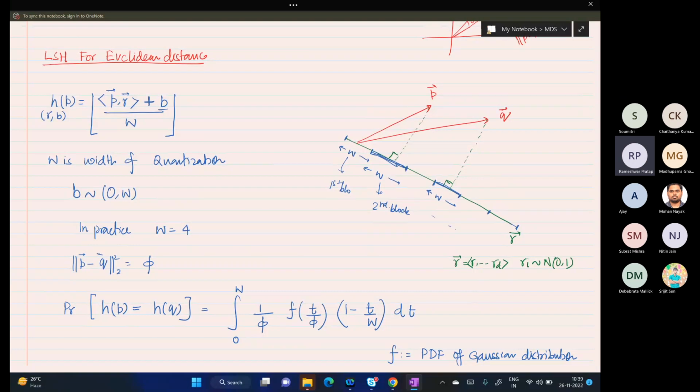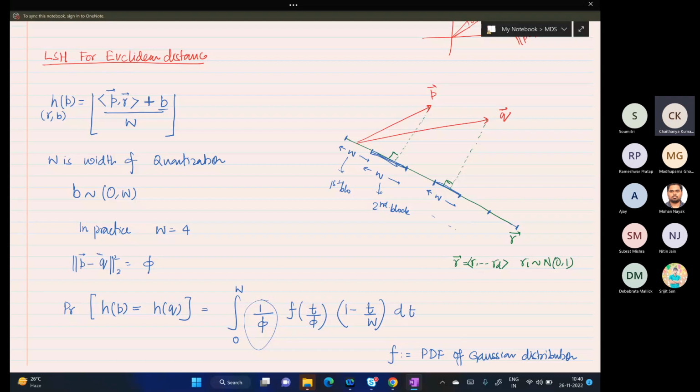This may be a bit involved, but intuitively it is inversely proportional to the L2 distance of P and Q. So if the L2 distance of P and Q is large, then the probability that their hash value is the same will be small, right?